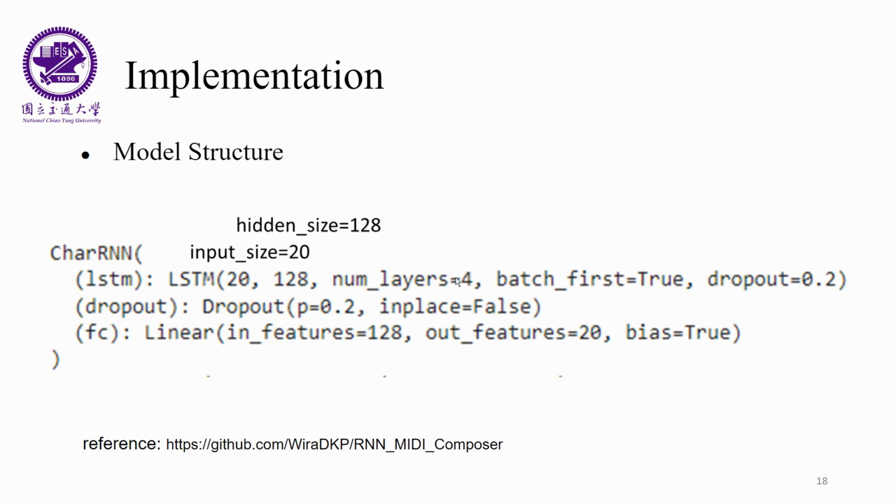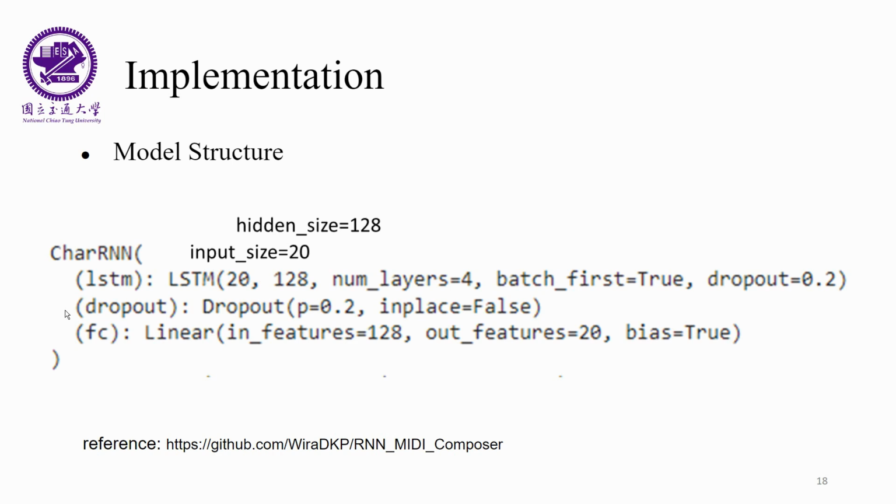The number 4 means the number of hidden layers in lstm, and we set the dropout probability to be 0.2, which means that at the end of each hidden layer, the parameters are randomly dropped out with probability 0.2.